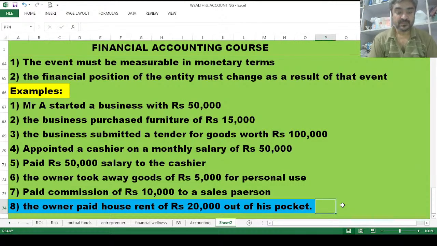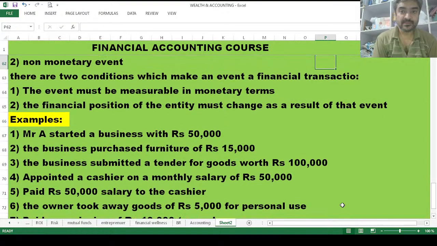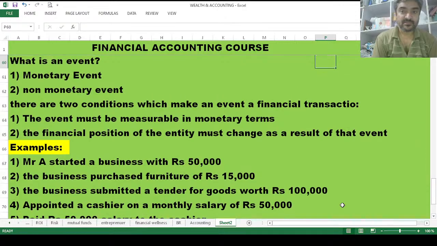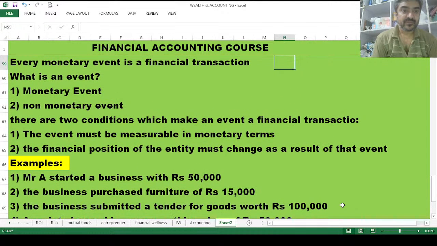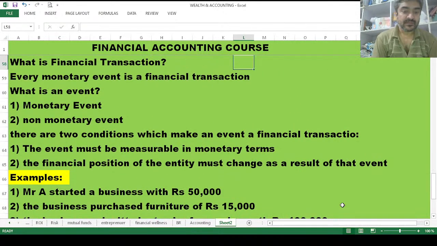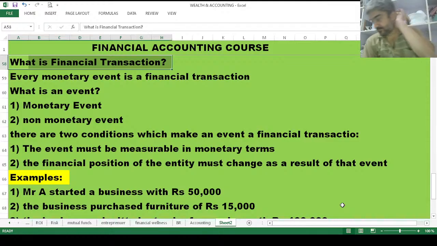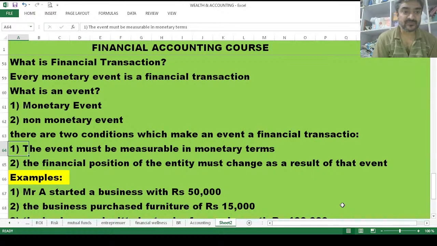Okay, so this is the lecture of today. In today's lecture we discussed a concept which is very important, and the concept is financial transaction. What is a financial transaction? There are two conditions for a transaction to qualify as a financial transaction, which are as follows.